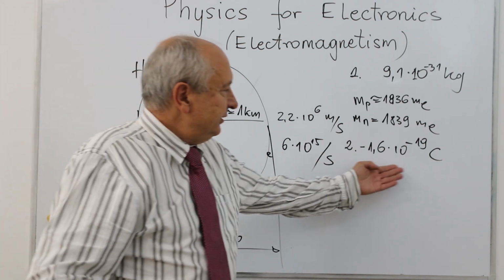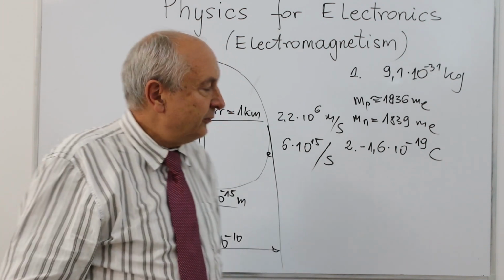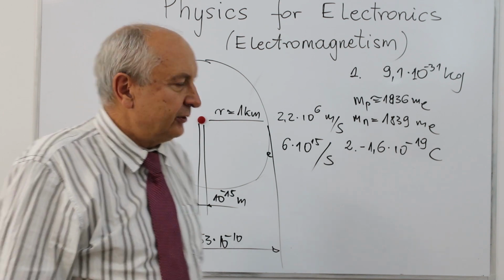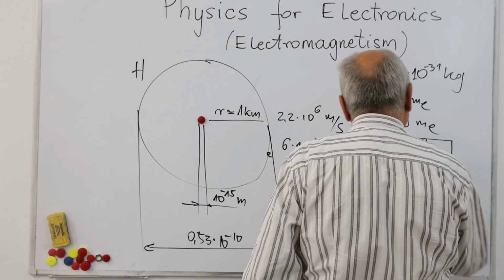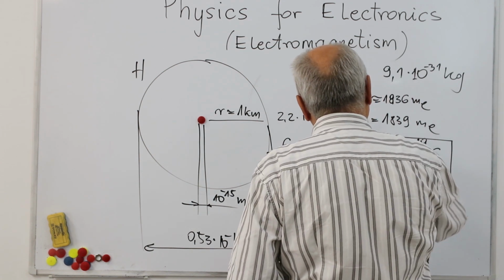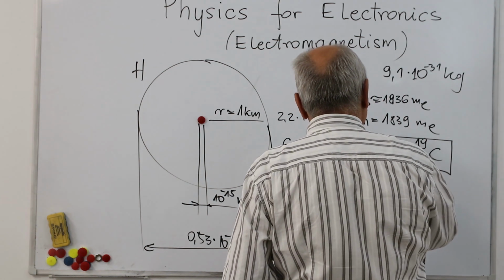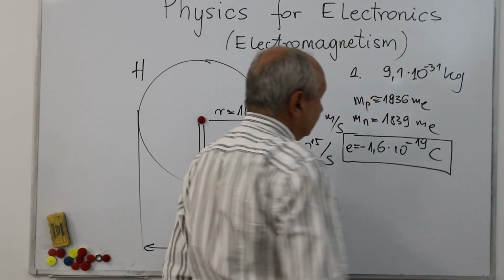Today we use this 1.6 times 10 to minus 19, and this is the charge of the electron.